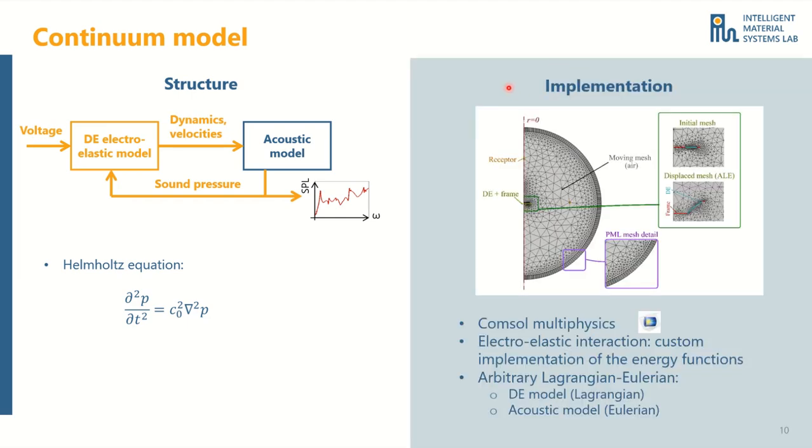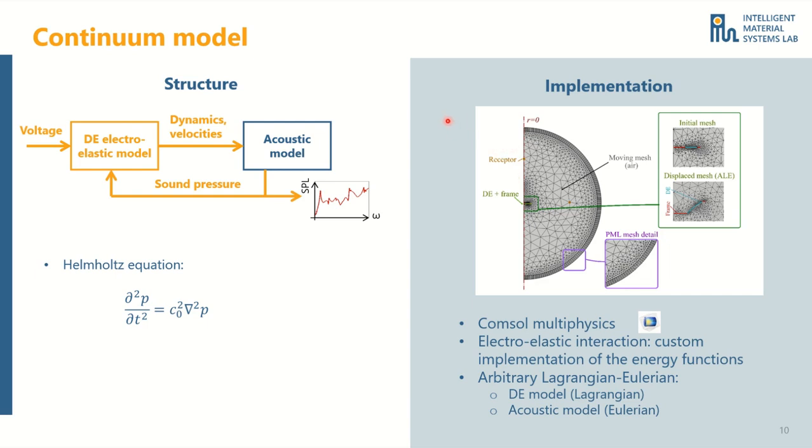We implemented this model via the software COMSOL Multiphysics. In particular, we used the standard acoustic and the nonlinear material modules. We treated the DE as a membrane element, and we introduced the effect of electrostatic coupling by replacing the default equation of the material free energy with a custom expression.